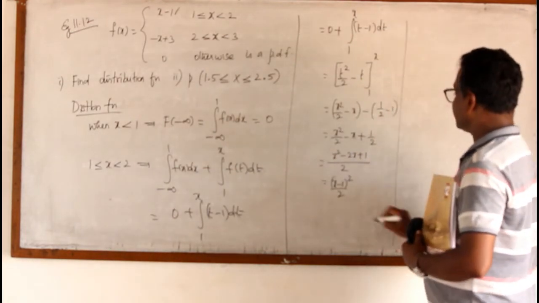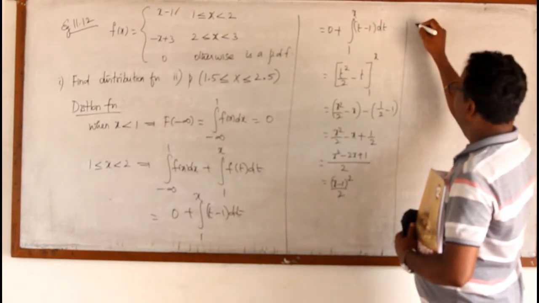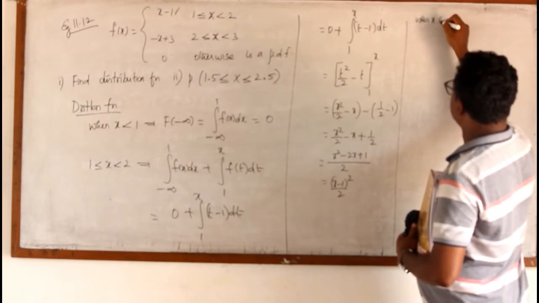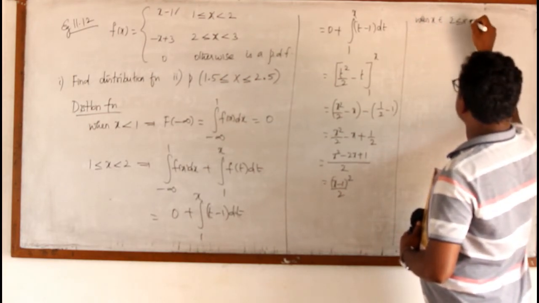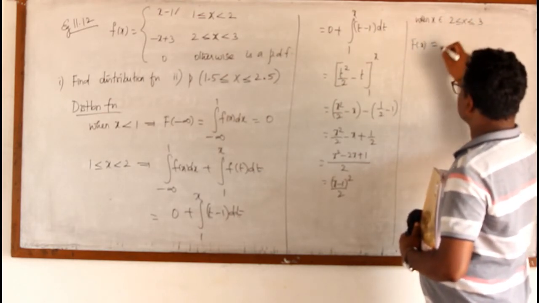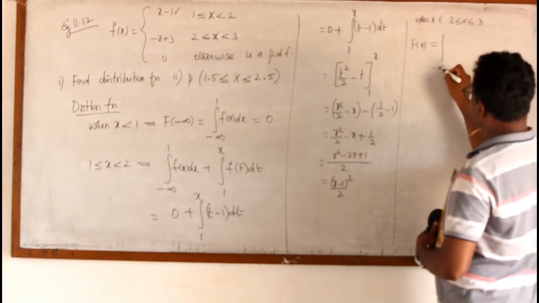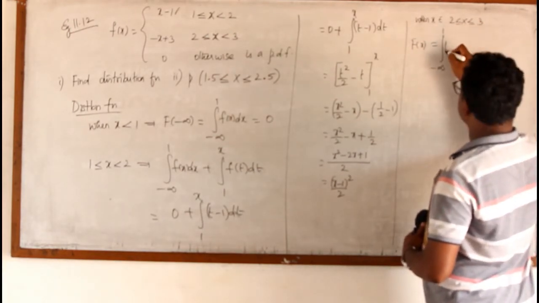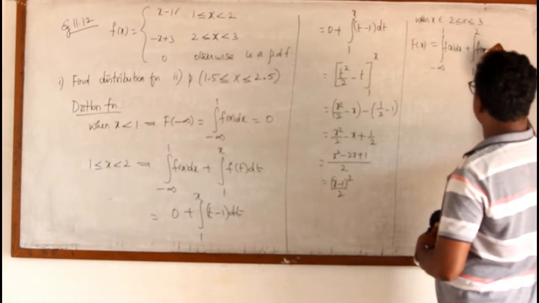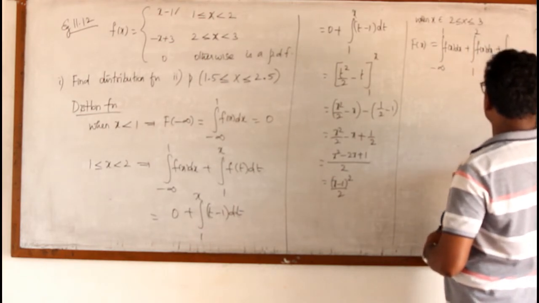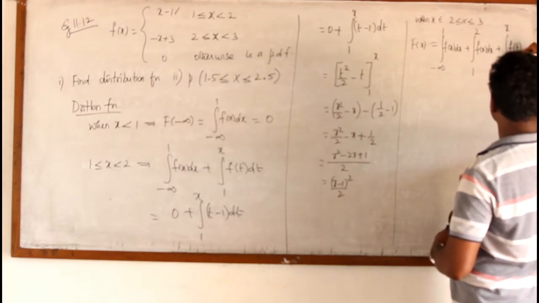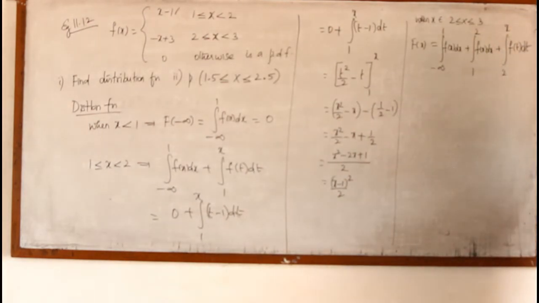Now the next f of x, when x belongs to 2 less than or equal to x less than or equal to 3. F of x means I must start from minus infinity to 1 f of x dx, then from 1 to 2 f of x dx, and then 2 to not 3, instead of 3 you must write x, and the last term will always be converted in terms of t.